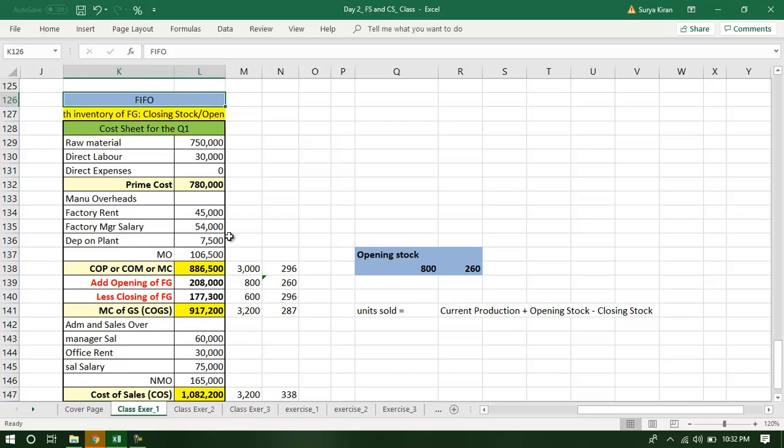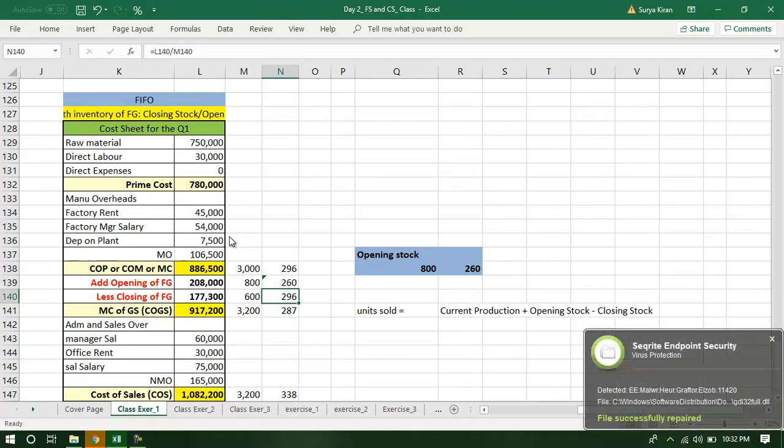You can see that the current production cost is 296 per unit. So 600 units remain unsold. We are valuing it at 296. That means the closing stock is from the lot which has come from the current production.